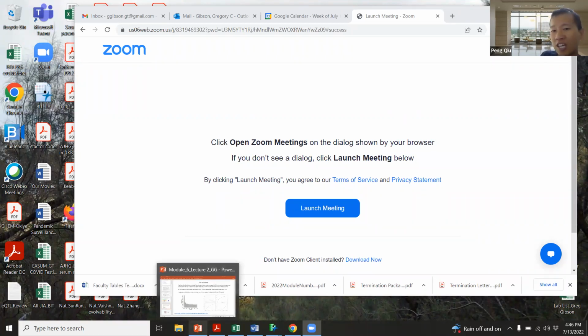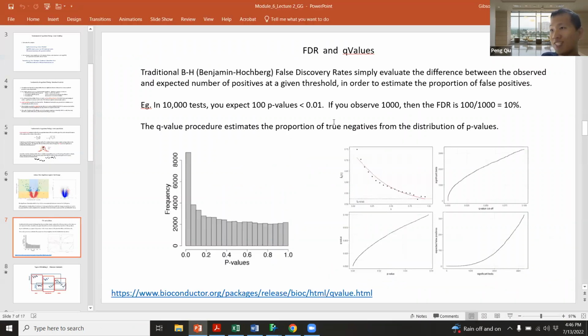Now one thing that I think Greg was about to show, okay, he's here. So if your data is totally random, you get thousands or millions of randomly simulated data sets and you run t-tests for each of them. By chance, you're going to see some good p-values and some bad p-values. And if you look at all the p-values from all the random data, you get a uniform distribution, okay?